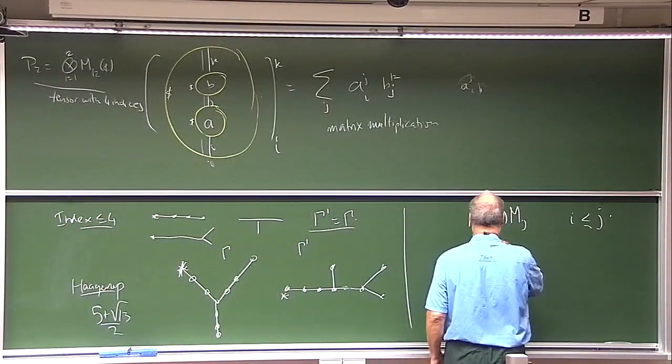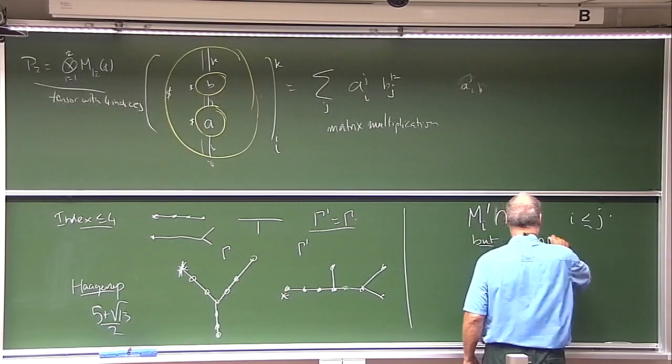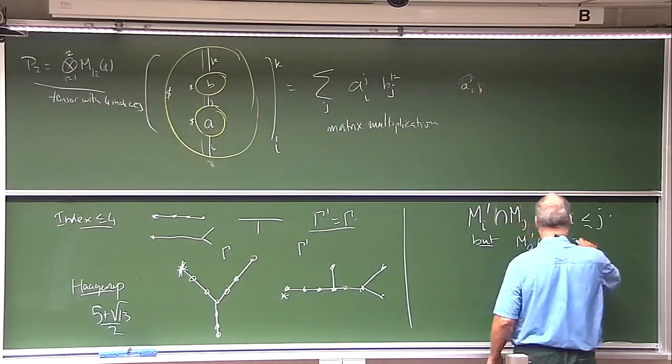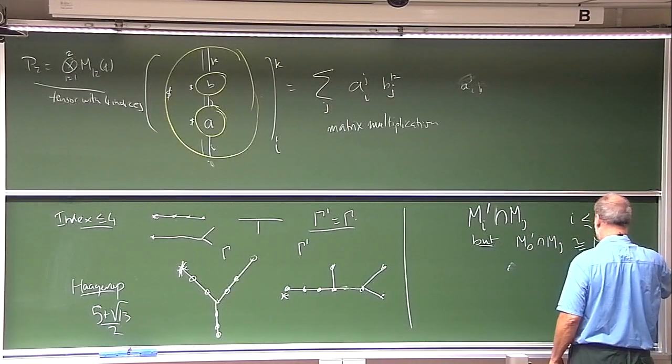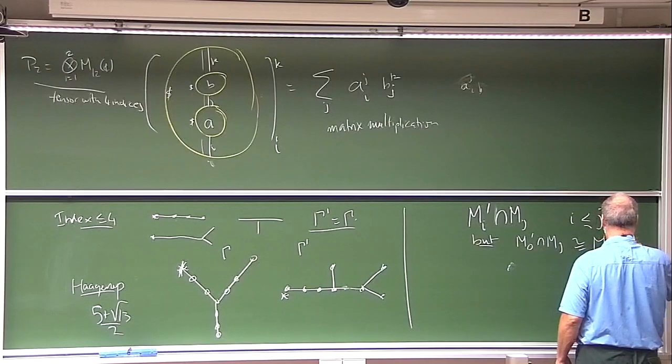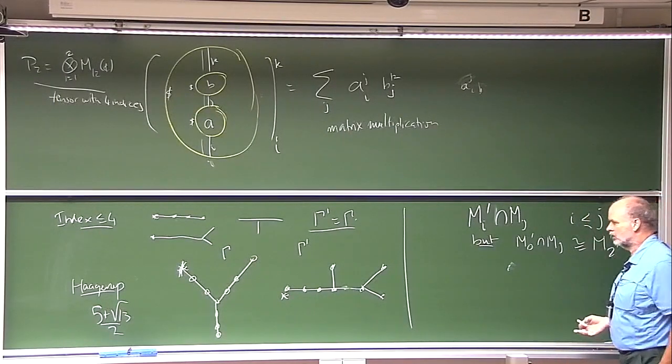But let's just say M0 prime intersect MJ is actually somehow canonically isomorphic to M2 prime intersect M(J plus 2). So therefore, you only get two principal graphs.